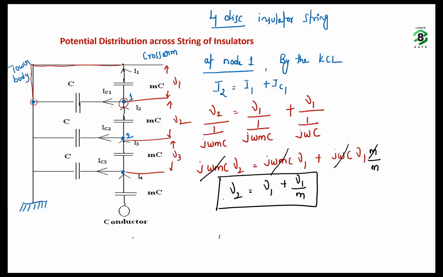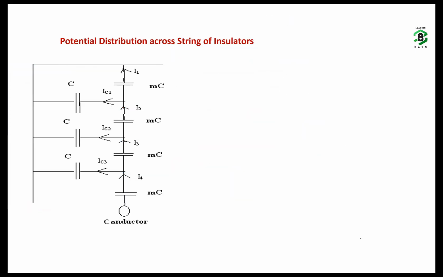No doubt, sir. Okay. Now if I do the same exercise again at node 2, I am calling this V1, this V2, and similarly this one V3, the voltage across the third disk. This potential is ground potential 0.